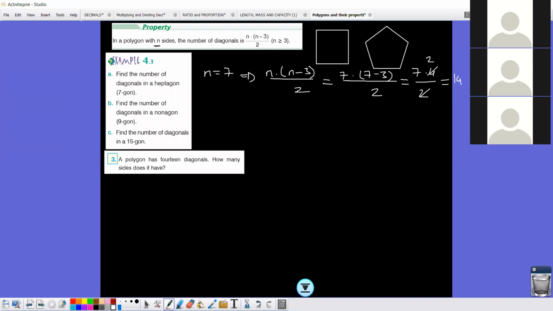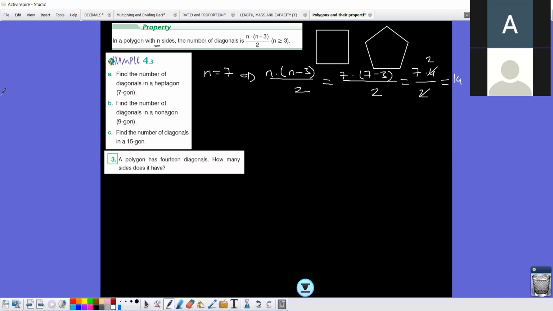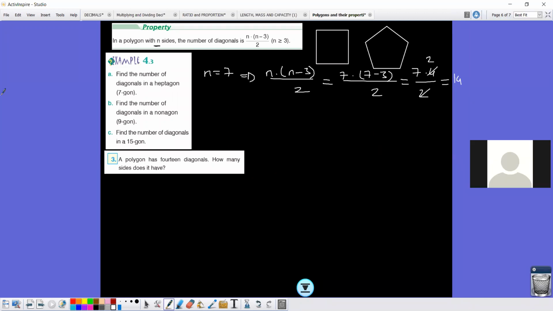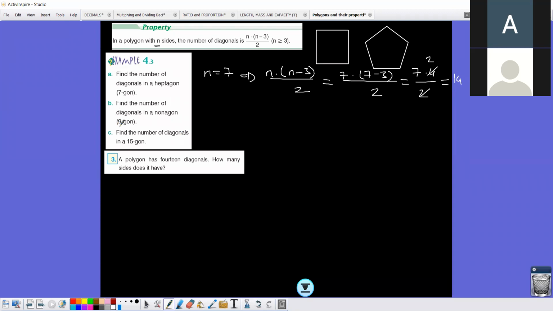So how will we find the number of diagonals in a nonagon, Kibariye? What do you think? Nonagon, it's given here that it is 9. We will do 9 times (9 minus 3) over 2, which is equal to 9 times 6 over 2.